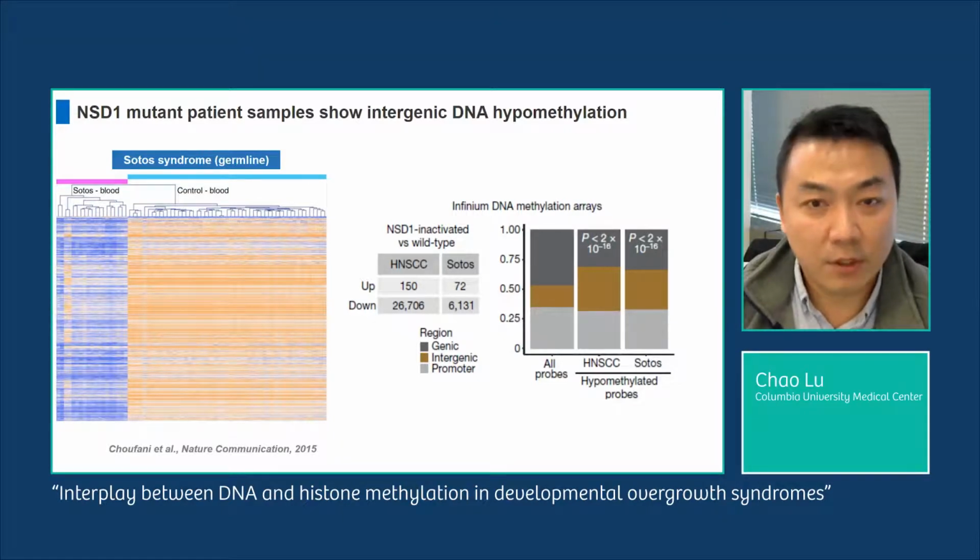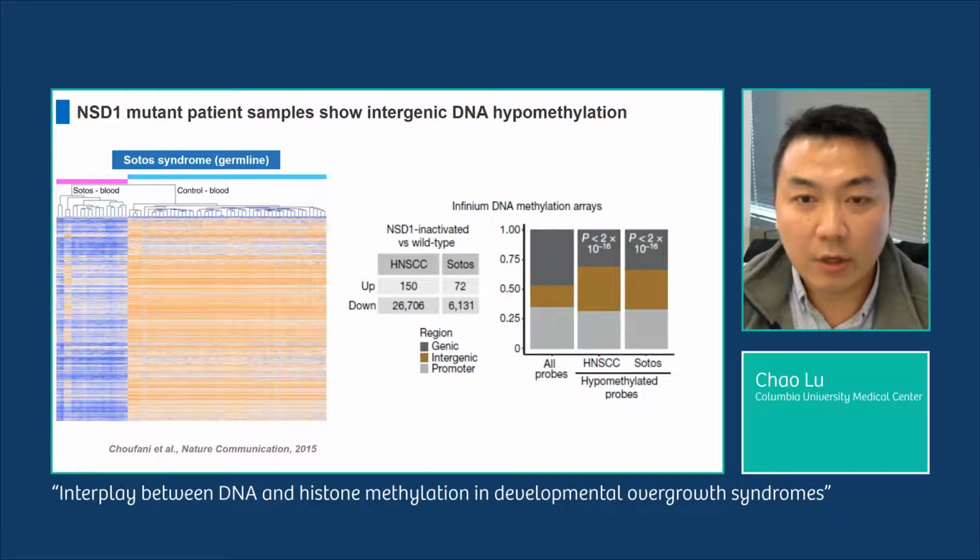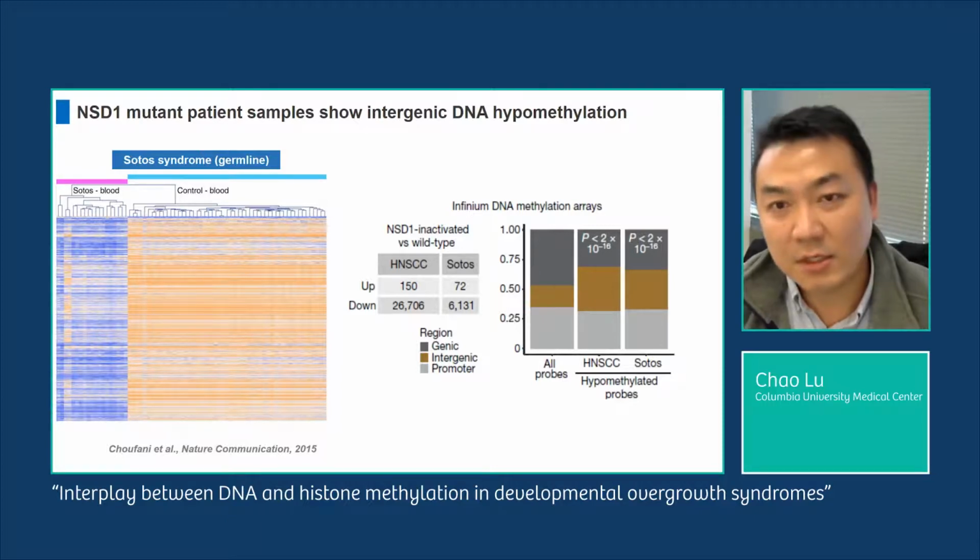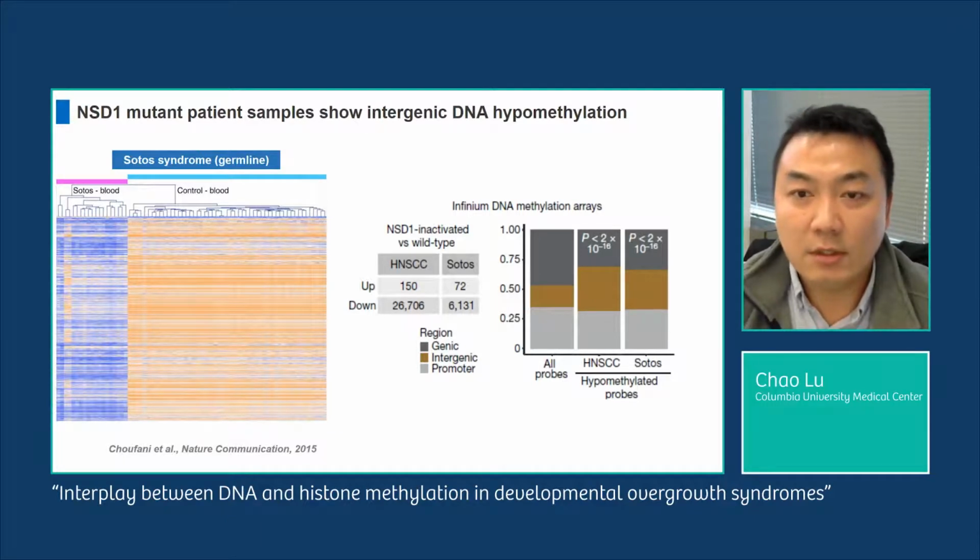We're taking a step further, and we validated this finding, as shown in this table here. If you look at the DNA methylation probes that are either up or down, comparing NSD1 wild type versus NSD1 mutated samples, the Sotos syndrome samples have the majority of the probes downregulated.